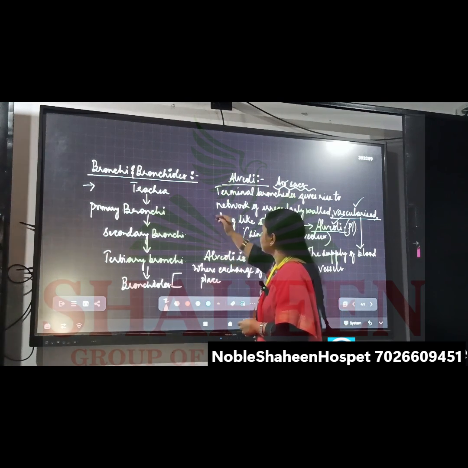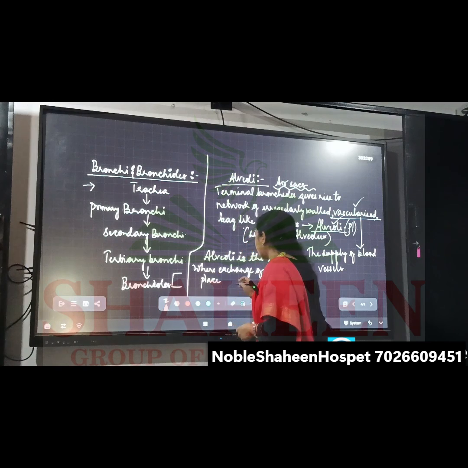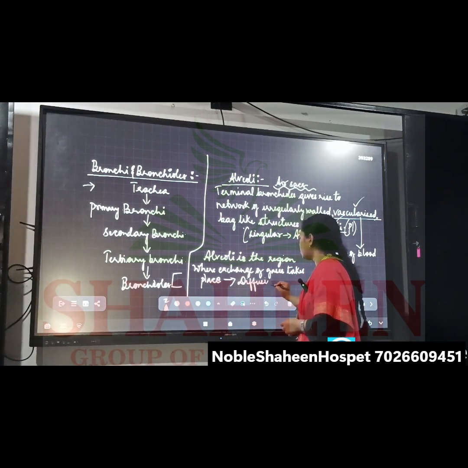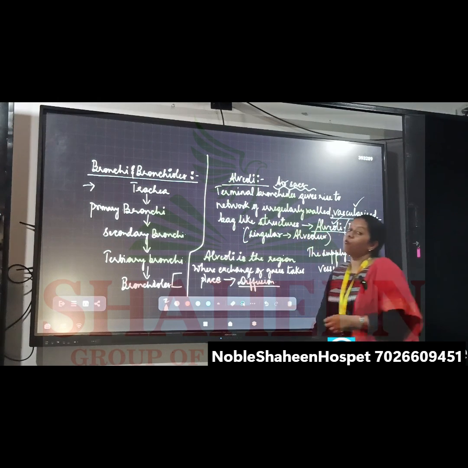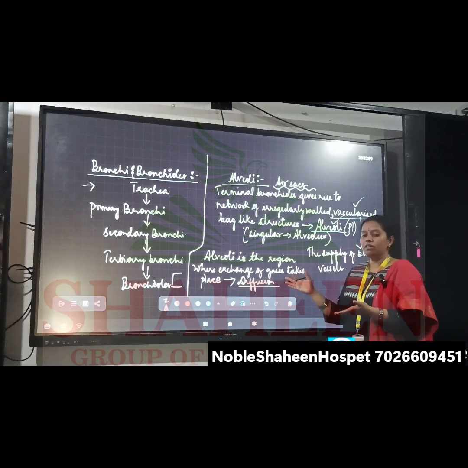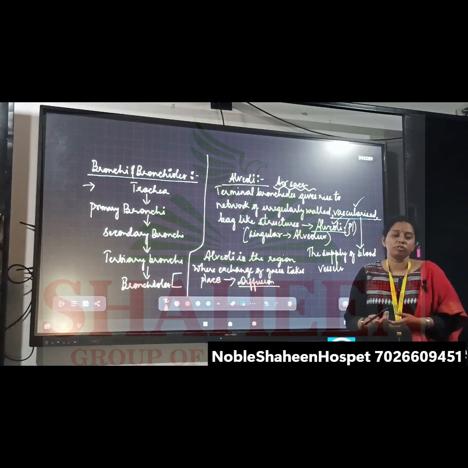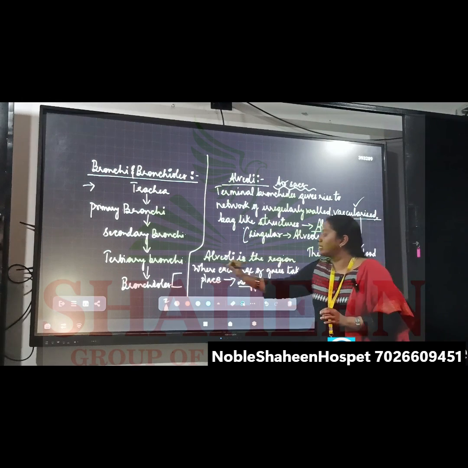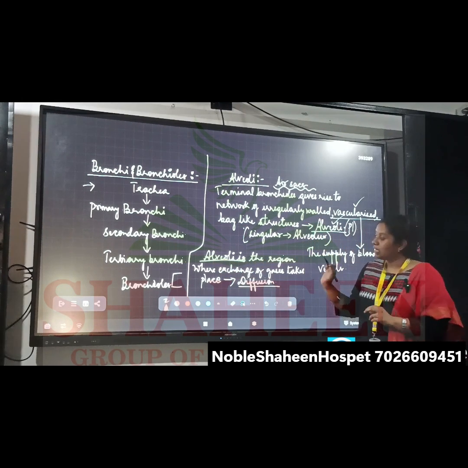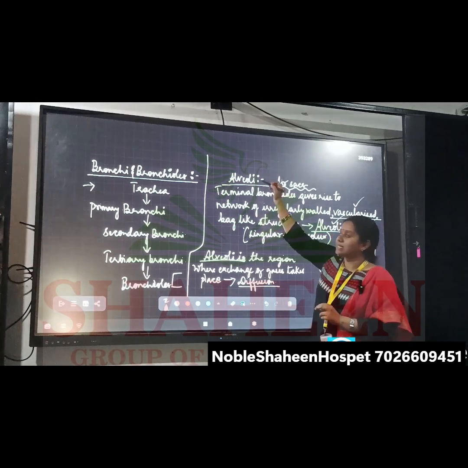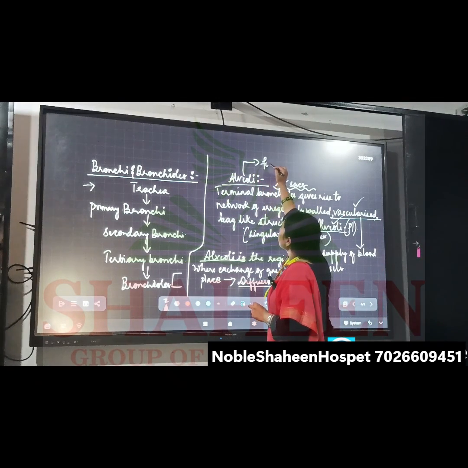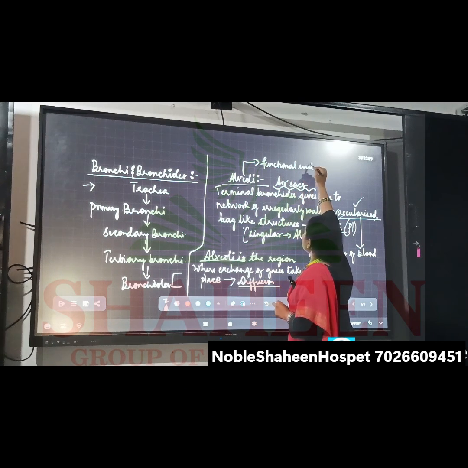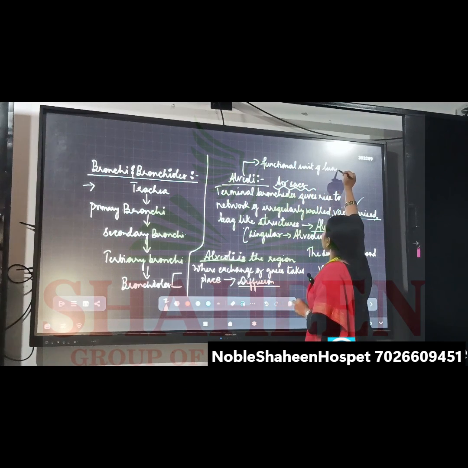So how does the exchange of gases take place here? By the process called diffusion. So what is diffusion? Diffusion means movement of particles. Here let us consider it as the movement of gas molecules from higher concentration to lower concentration. Since this major work is done in alveoli, we call alveoli the functional unit of lungs.